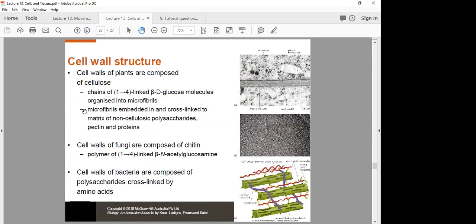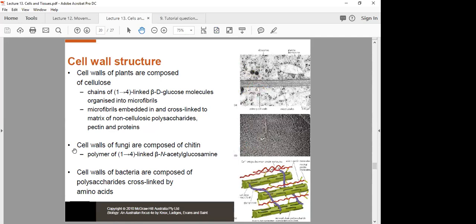Cellulose microfibrils are embedded in and linked to a matrix of other polysaccharides and also a substance called pectin and various proteins. Let's look at that down the bottom of the slide here. In green, we have our cellulose microfibrils, and these are connected to various proteins, which we see here in purple. Then we have in red, pectin molecules and various other polysaccharides, so these shorter green rods here.